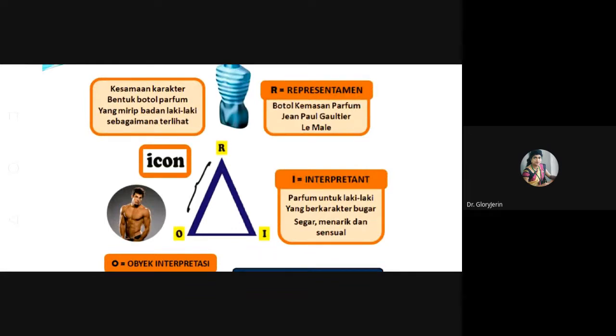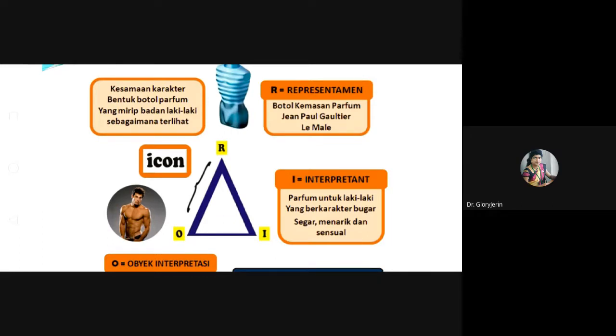So we can interpret this perfume as for a macho man: fresh, sensual, strong.